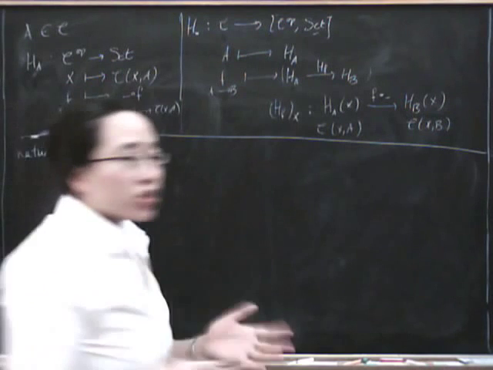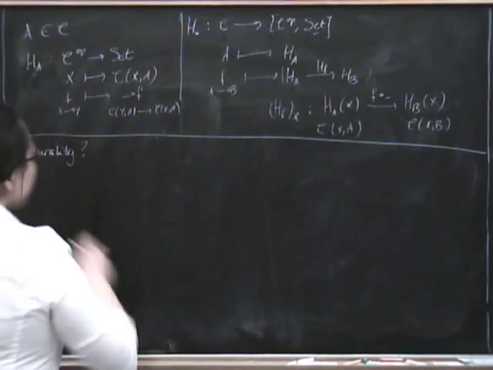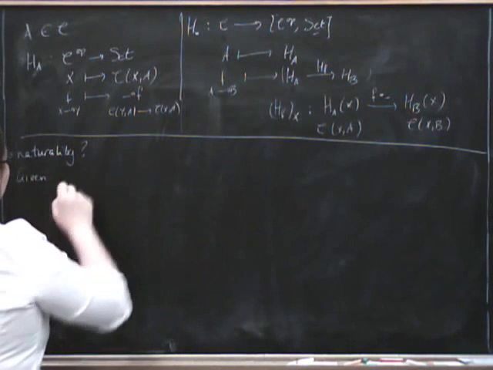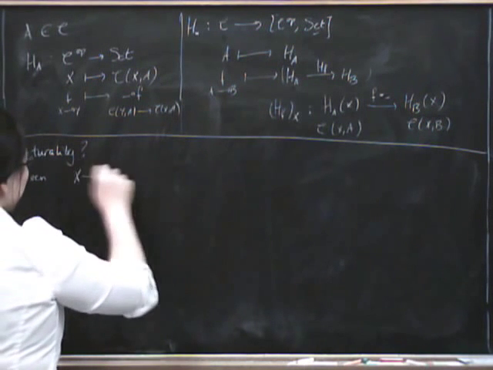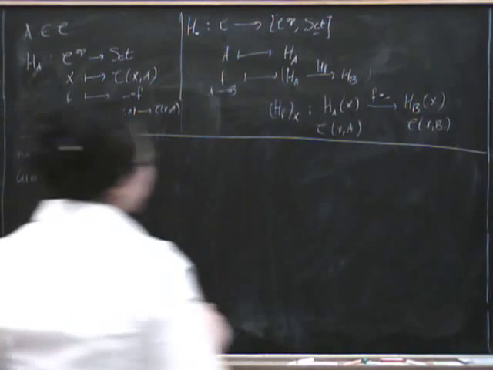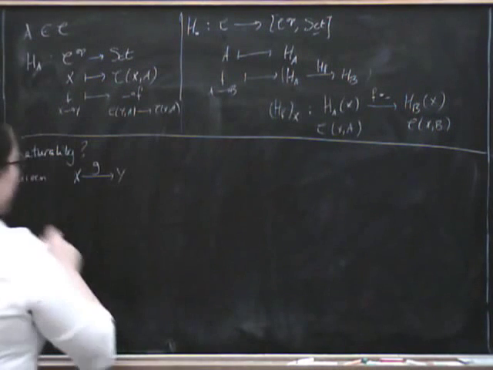Let's just draw out a generic naturality square for this. It would say, given any morphism, let's call it G, from X to Y, we've got to have a naturality square that looks like this.